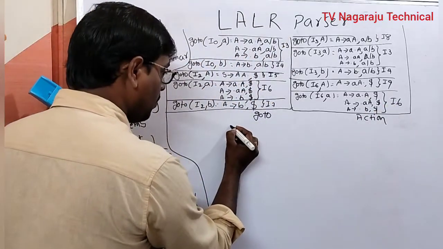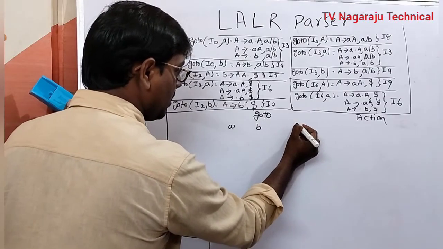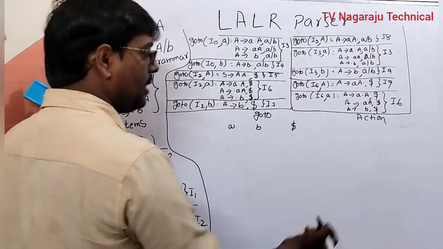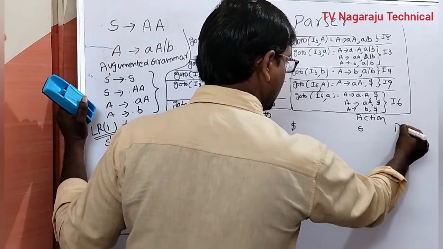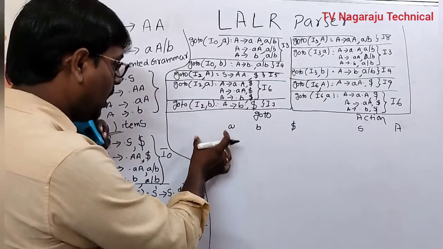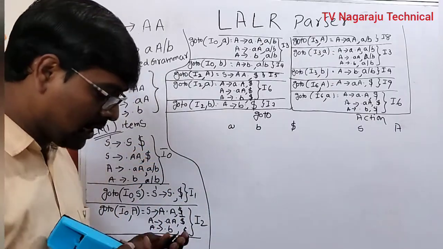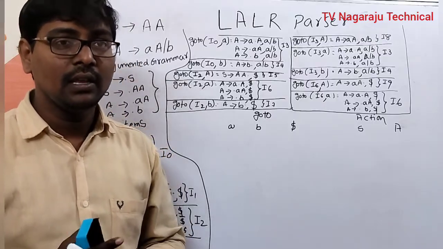In the go-to part, we are writing the terminals, that is A, B, dollar. In the action part, we are writing the non-terminals S and A. Now, what is the difference compared to CLR and LALR?